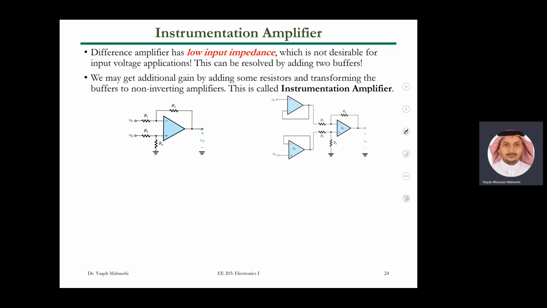two buffers? Remember the buffer, guys? What was the most important thing about the buffer? Voltage gain of one, correct, but this is not a good feature, it is just a definition for the buffer. The main feature of the buffer is that it has infinite input resistance.